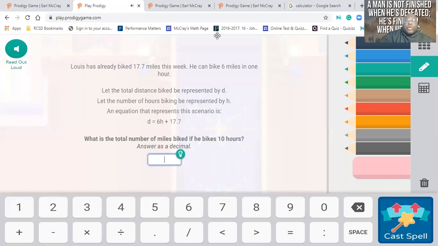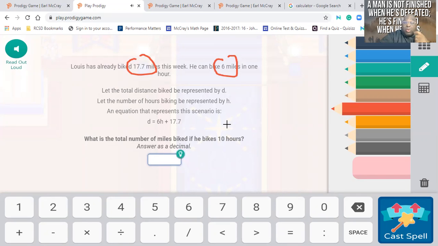So to recap, how should we look at this problem? Okay. All right, so first of all, we're going to get our writing tool. Okay, so we know that Lewis has already done this. It's already been accomplished. We know that he can bike 6 miles in 1 hour.